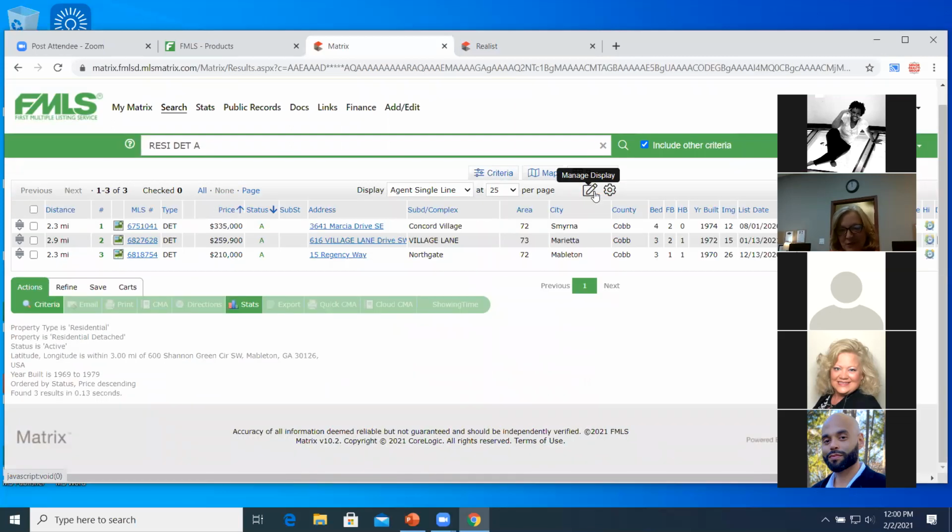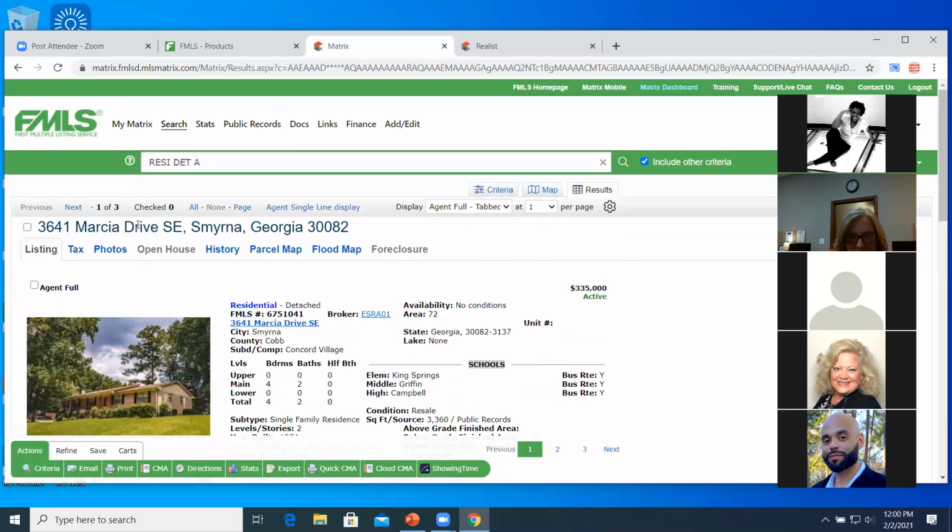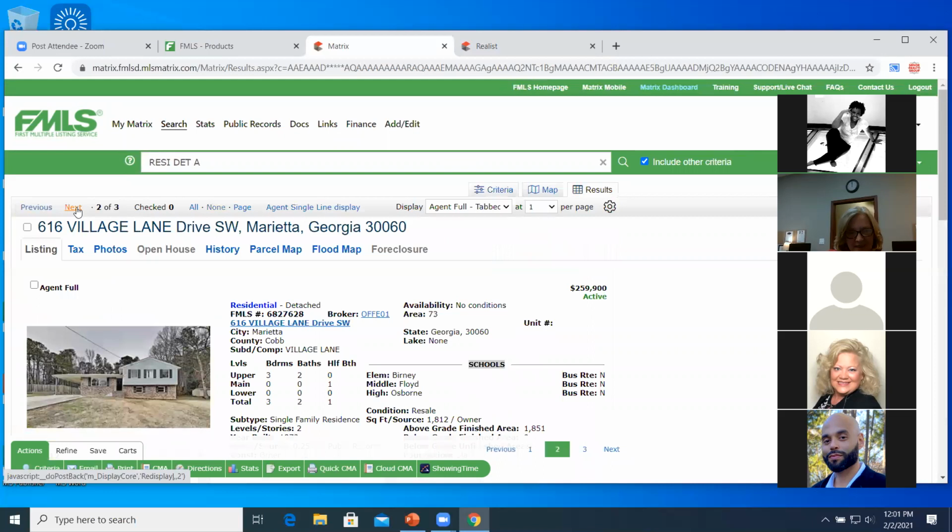All right, so there's 3 houses listed. So let's see what they look like. Well, that looks like a brick ranch that's in Concord Village. There's a split level. It's 259.